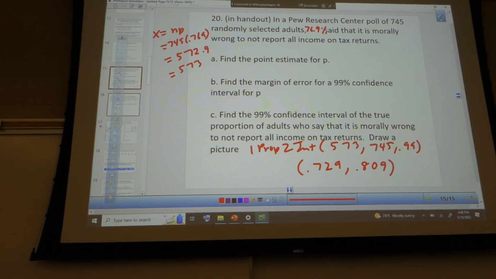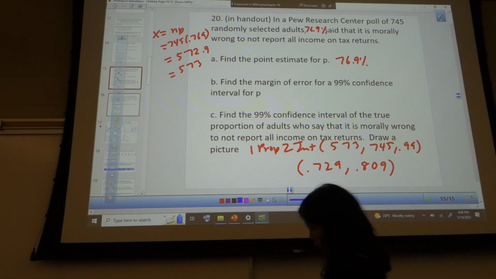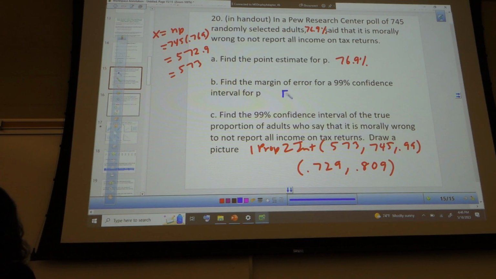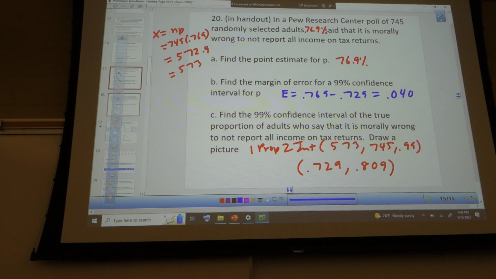It also gives you the point estimate. It's given to you right there, 76.9%. And then we have to find the margin of error again, which is going to be 0.7769 minus the lower limit. 0.040. Perfect. Okay, great.